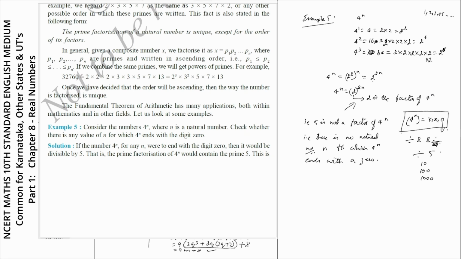If it has to end with a 0, then that number should be divisible by 2 and 5 compulsorily, that is, it should have 2 and 5 as factors. But the given number has only 2 as a factor and not 5.